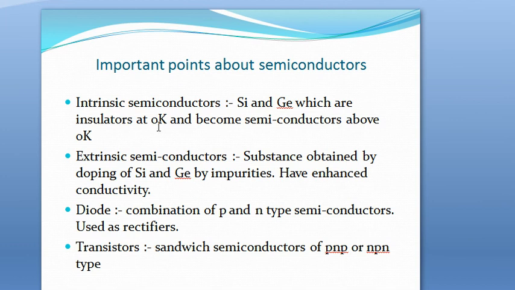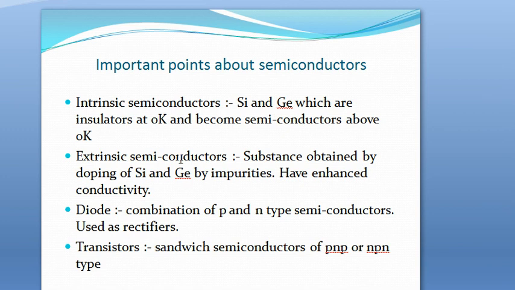Now semiconductors can be, we won't say they can be of 2 types, but if it is a pure silicon or germanium crystal lattice, they are insulators at 0 Kelvin, and they become semiconductors only above 0 Kelvin. In that case, they're called intrinsic semiconductors.